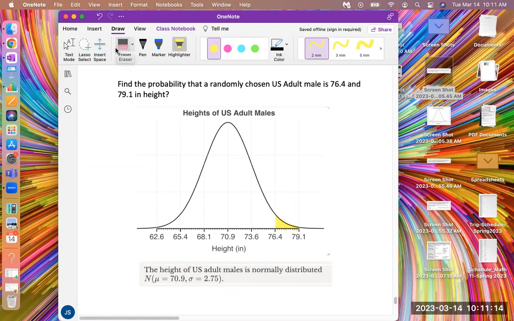But the biggest thing that we have to be able to know how to do is describe the interval in which we want to find the area under the curve. So in this case, I want you to find the area under the curve between 76.4 and 79.1.